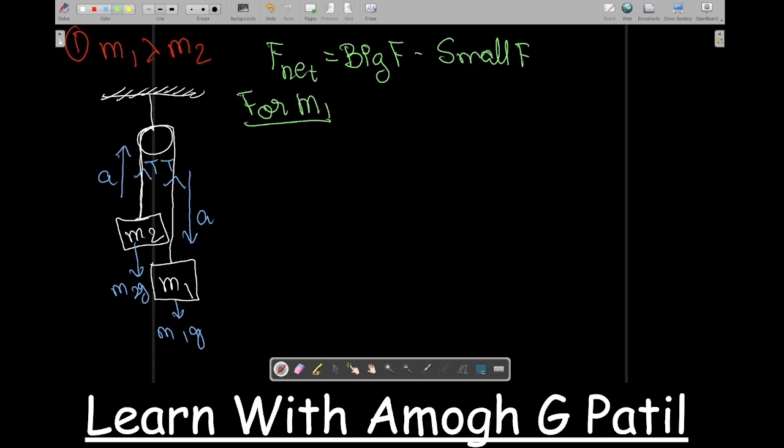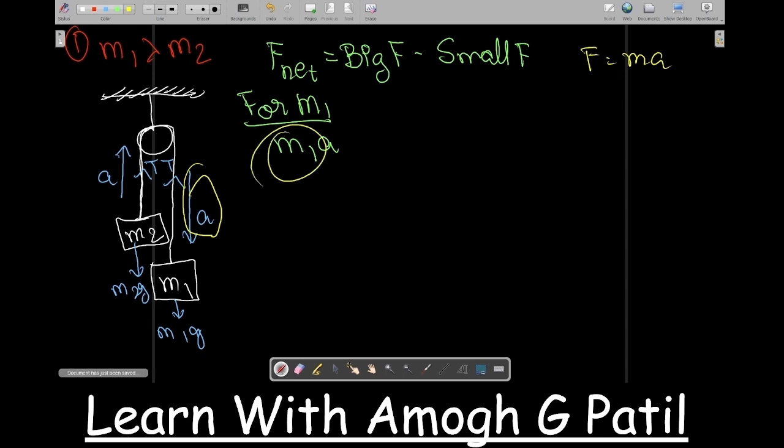For M1, the F net is M1a, as force is equal to mass into acceleration.